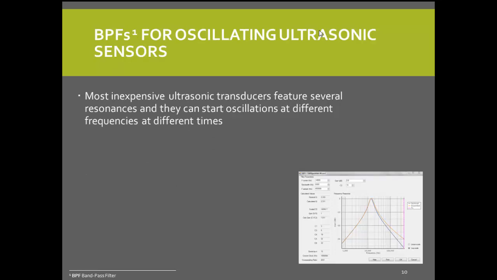As I mentioned, most inexpensive ultrasonic transducers feature several resonances, and they can oscillate at different frequencies at different times. So that's a call for development of a bandpass filter. A robust design using this architecture should be included.